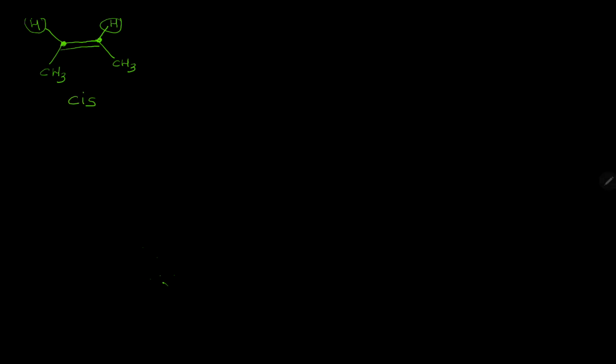Now, someone might decide to choose, for example, the CH3 groups. Fine. CH3, CH3, again, since they are on the same side, this is cis. However, if let's say the compound was drawn in this way, actually this should be a hydrogen.